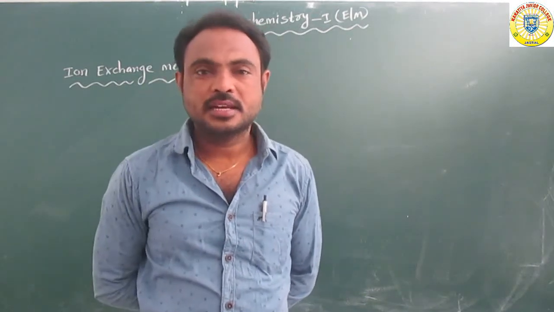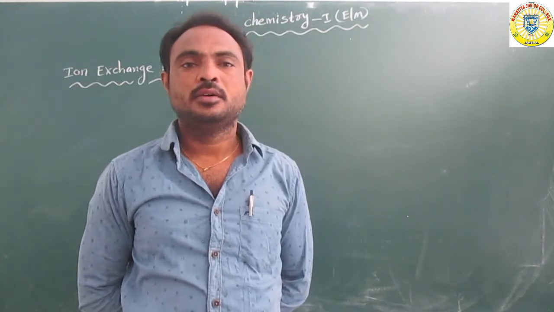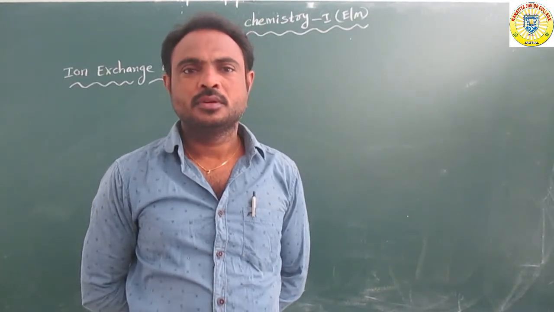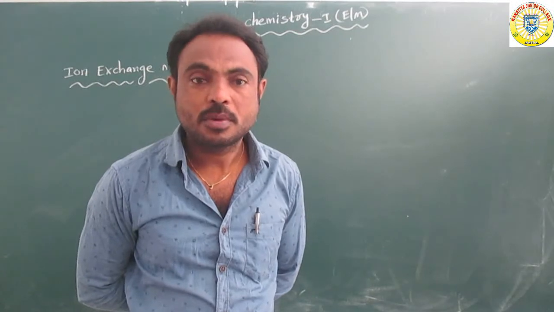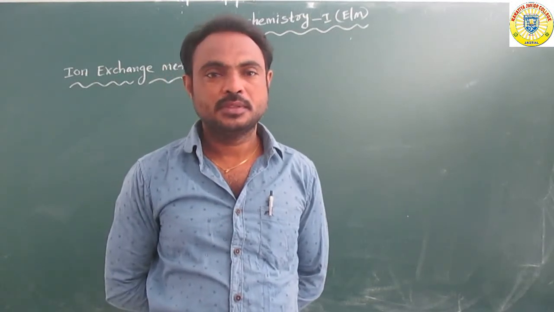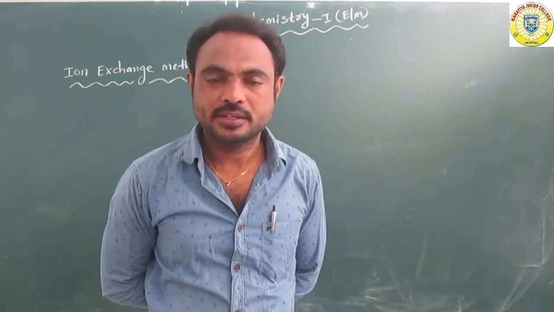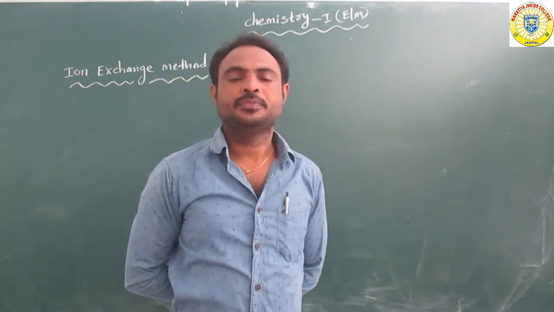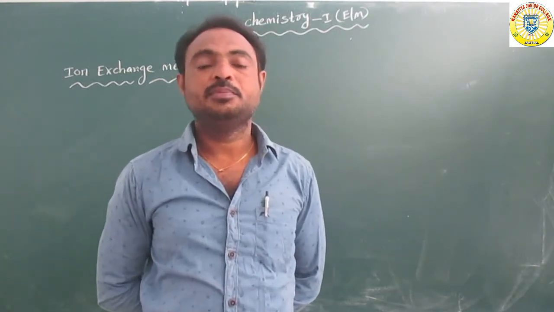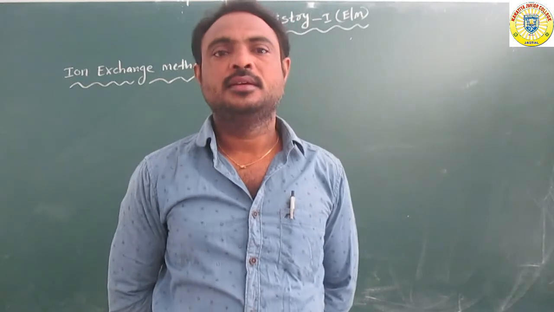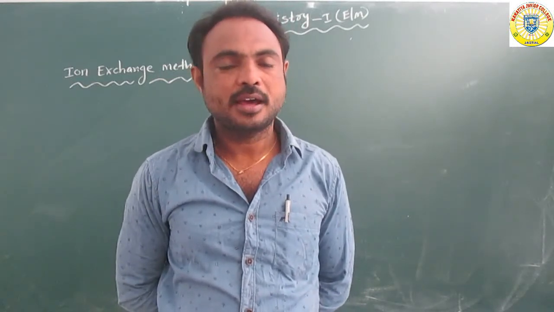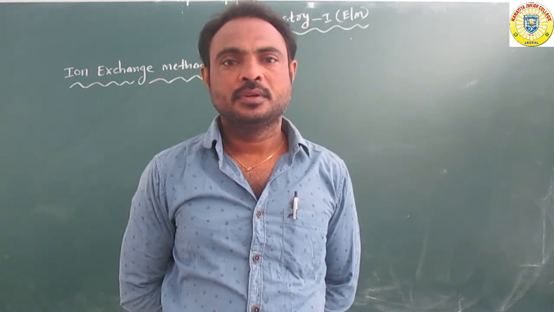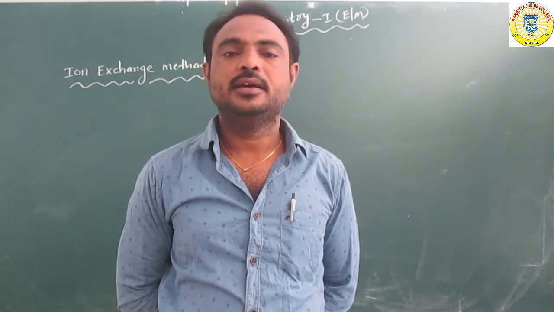Already in the last class we discussed water molecules. Overall, water is classified into two types: hard water and soft water. Already we know that hard water contains different types of salts like bicarbonates, chlorides, and sulfates.